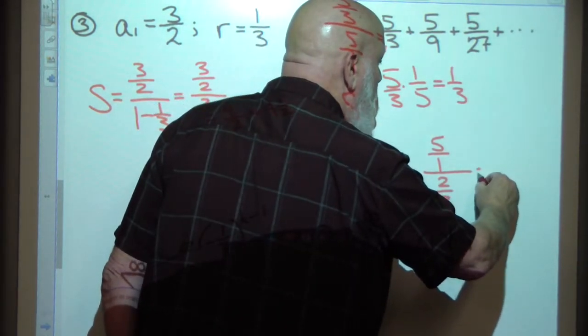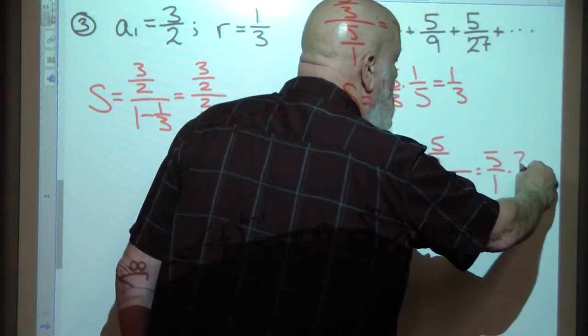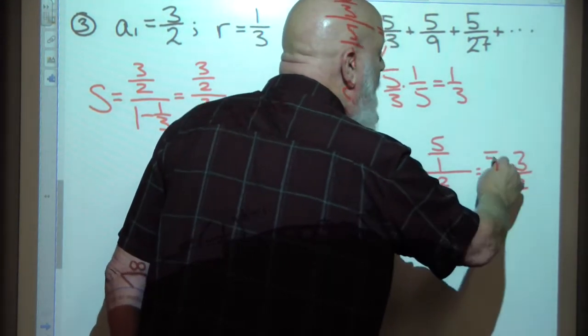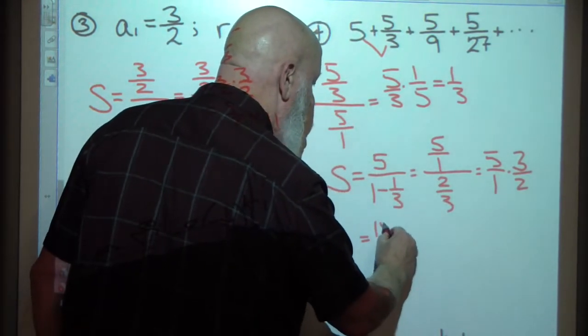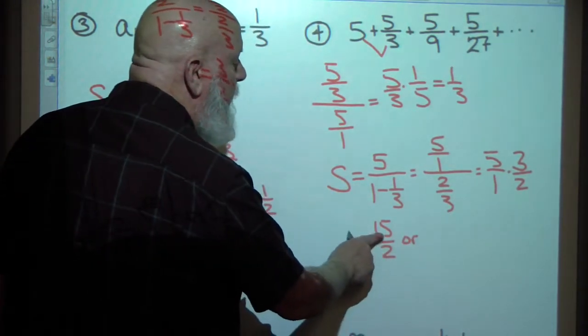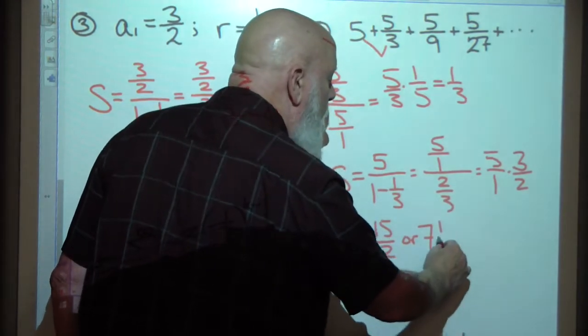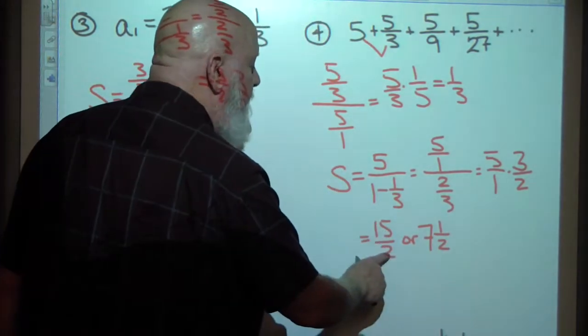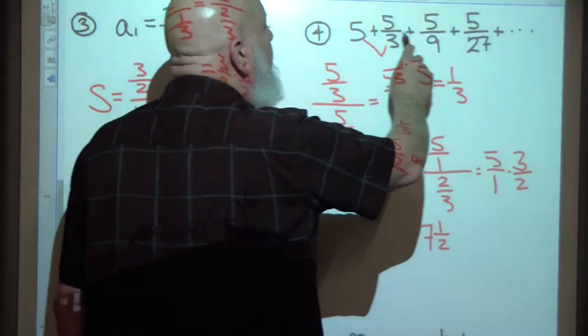This is 5 over 1 times 3 over 2. And that gives me 15 over 2. That's my sum. 15 divided by 2, well, 2 will go into 15 7 times with a remainder of 1. So we could think of this as 15 halves or 7 1/2. That's the sum of this infinite series.